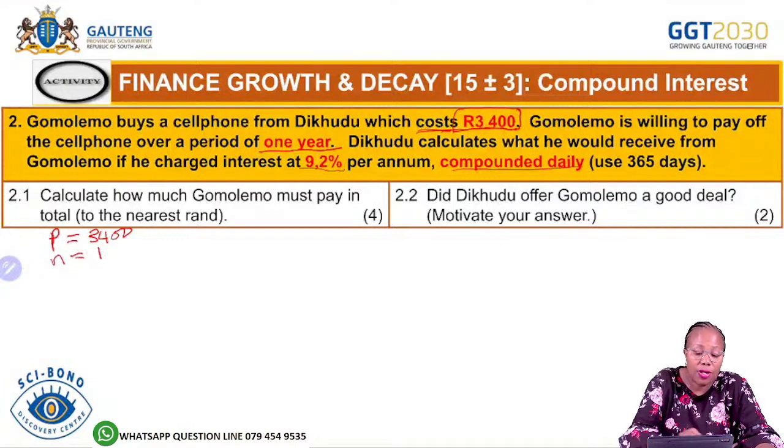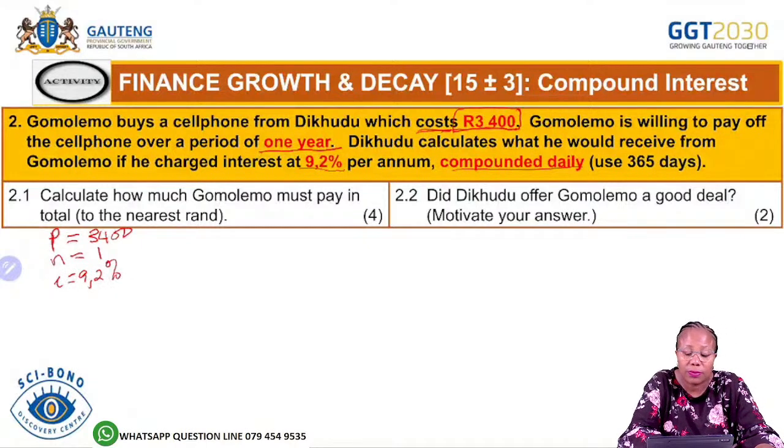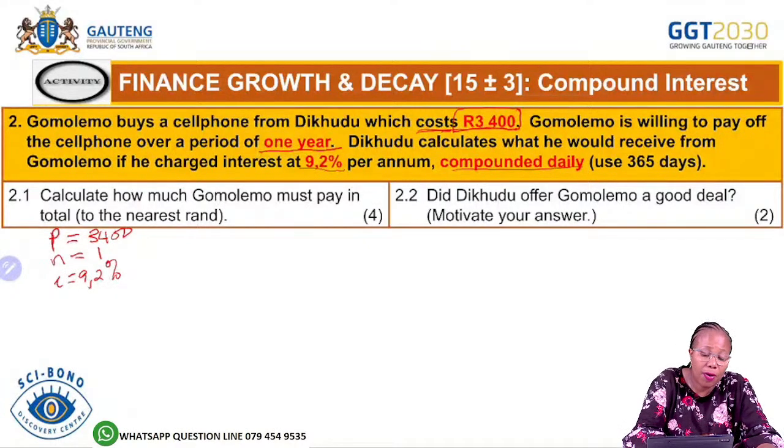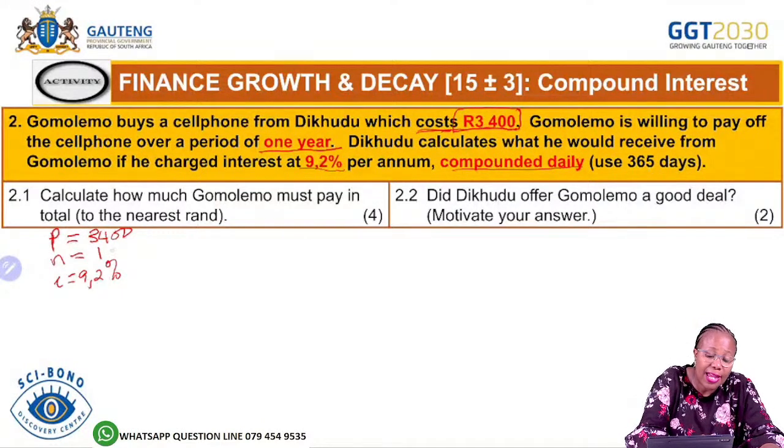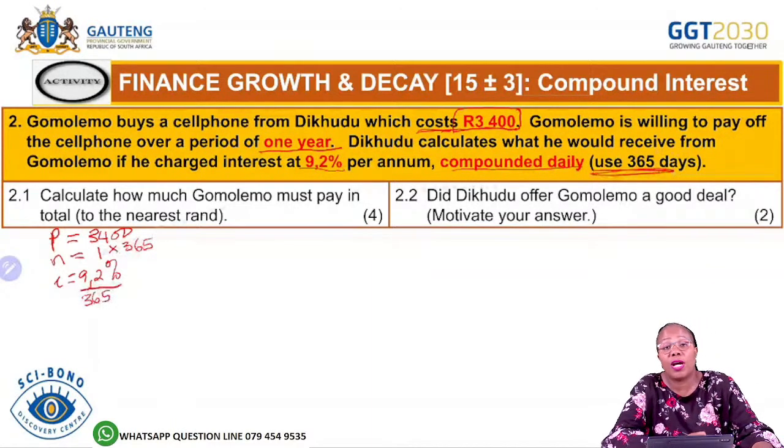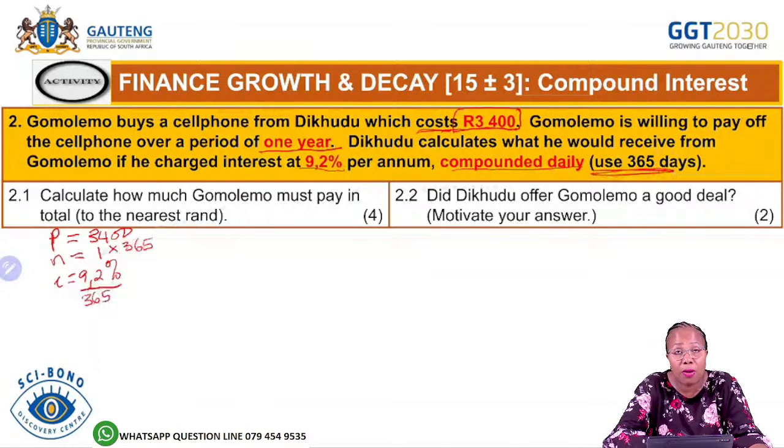And then now the i is going to be 9.2%. And then it is compounded daily now, 365. That means this n will be multiplied by 365 because of the compounding, and then the rate will be divided by 365. As we calculate, we will be using that compoundment.